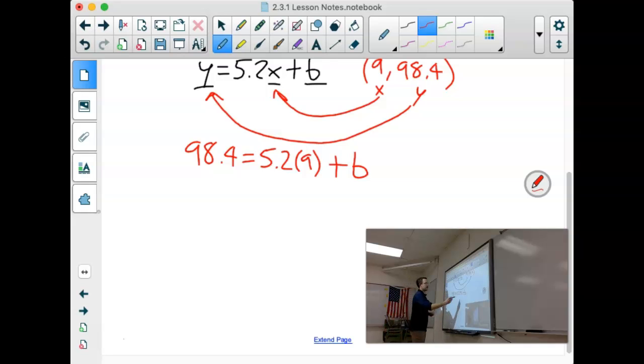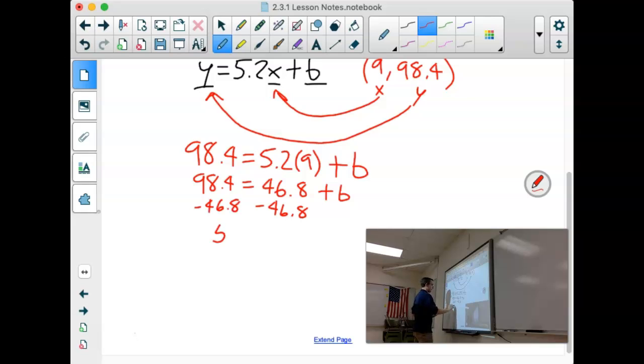The first thing we have to do is multiply 5.2 and 9, so we can rewrite this as 98.4 is equal to 46.8, and then adding our variable for our intercept, which is b. Next, subtract 46.8 from both sides, and we get 51.6 to be equal to our intercept.